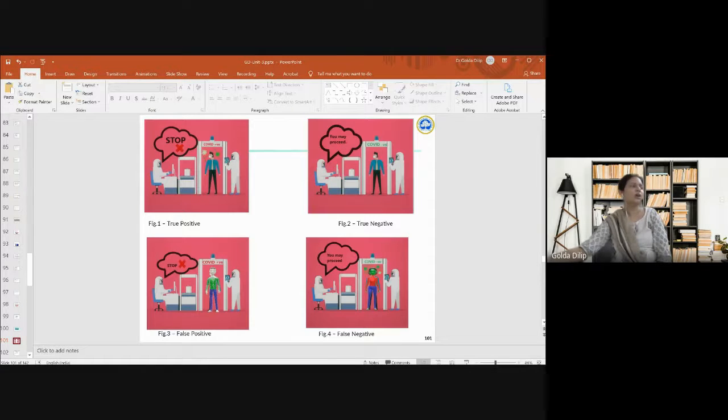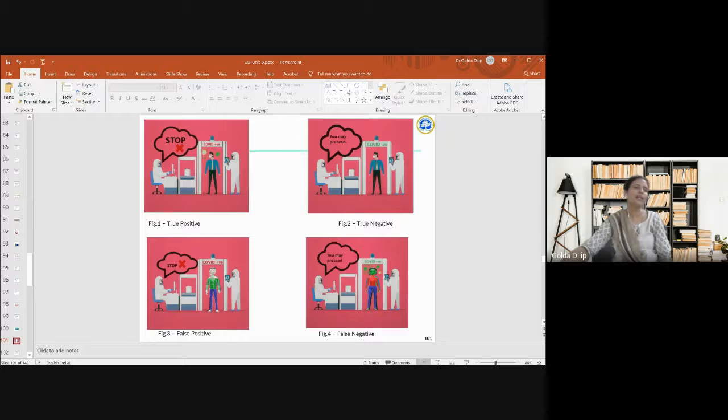That is when you predict an observation does not belong to a class and it actually does belong to that class. He's classified as not COVID positive and is actually COVID positive. That is false negative.